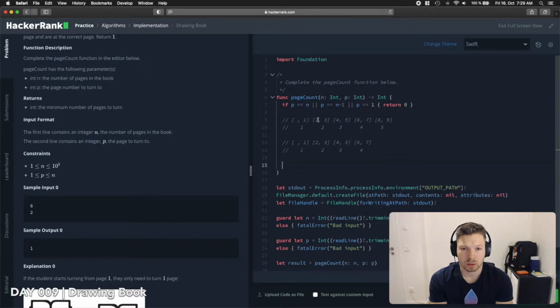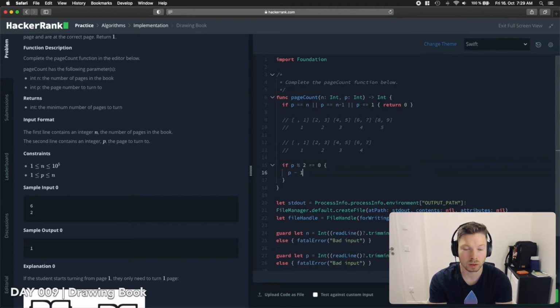Okay, so how do I know at which page I am? I think if P modulo 2 is an even number, then I can say P divided by 2 plus 1 is the page, right?